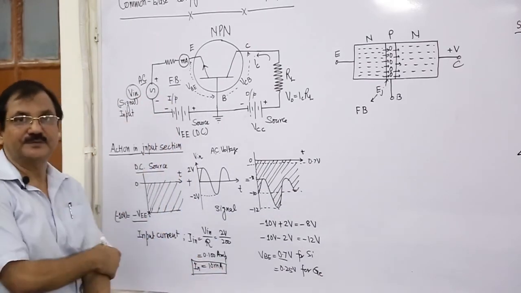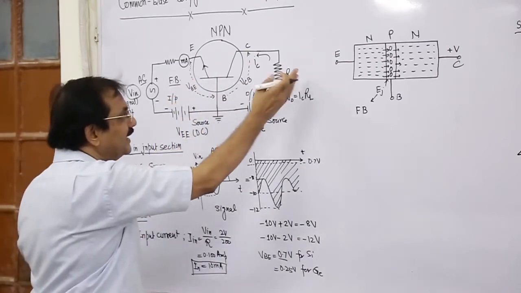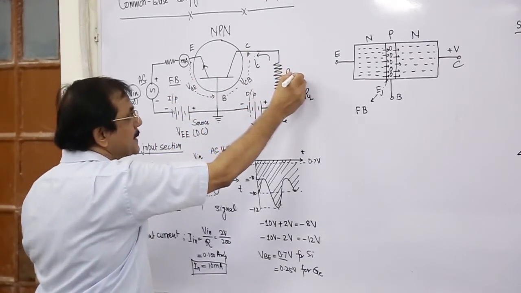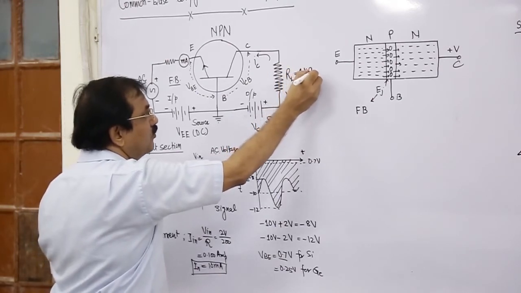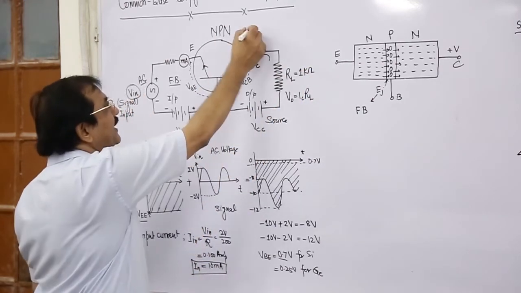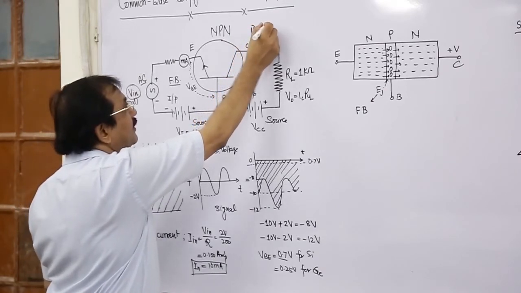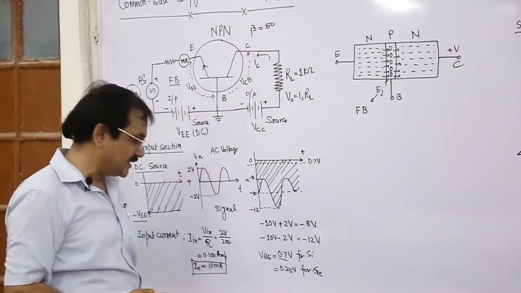Now this current is passing across a load of 1 kilo ohm, and the beta value of this transistor is 50.